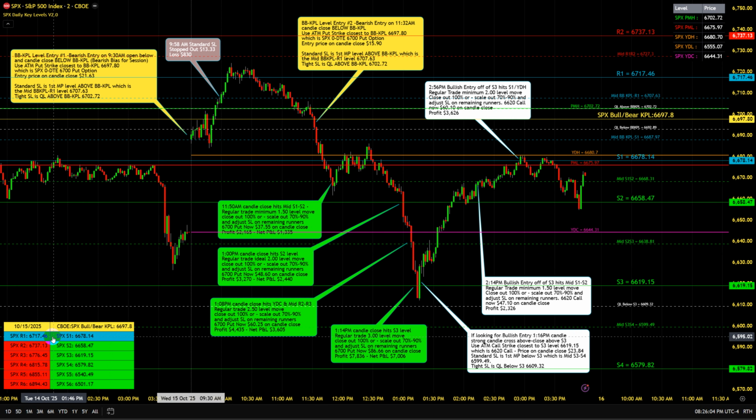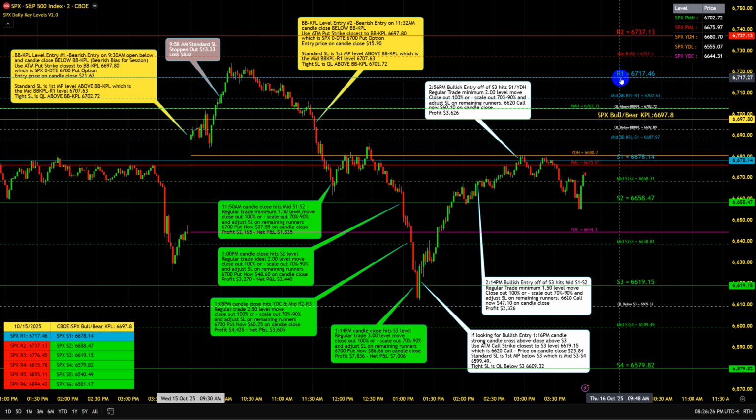So the main R and S levels here, by default, are going to be R1 through R6 and S1 through S6. R1 through R6 are above the BBKPL, and S1 through S6 are below the BBKPL. You also have these midpoint levels between the main levels.